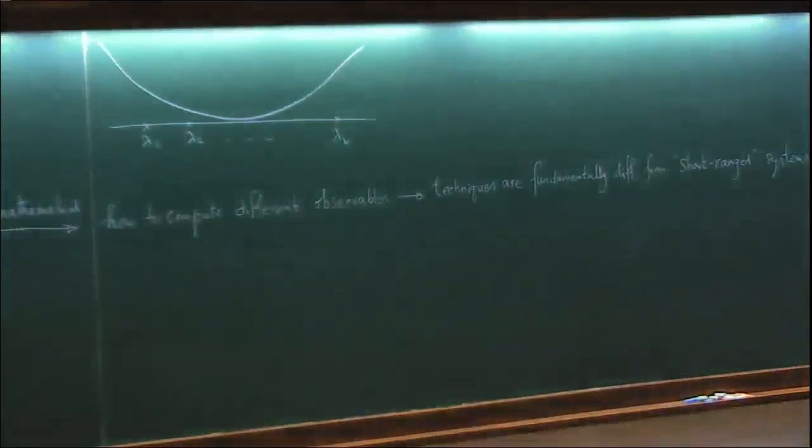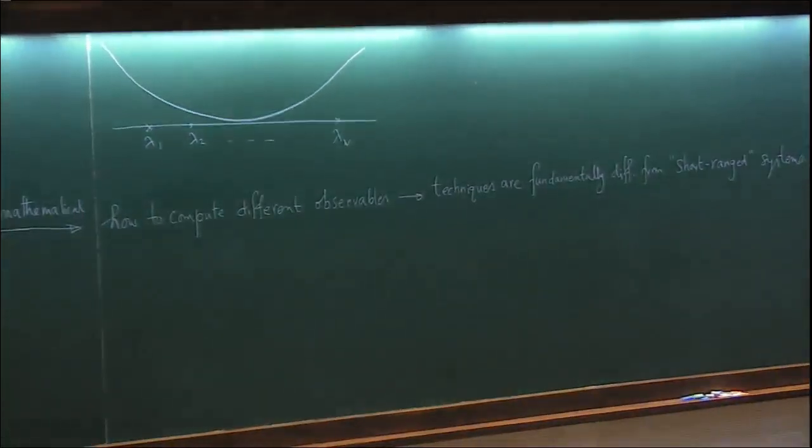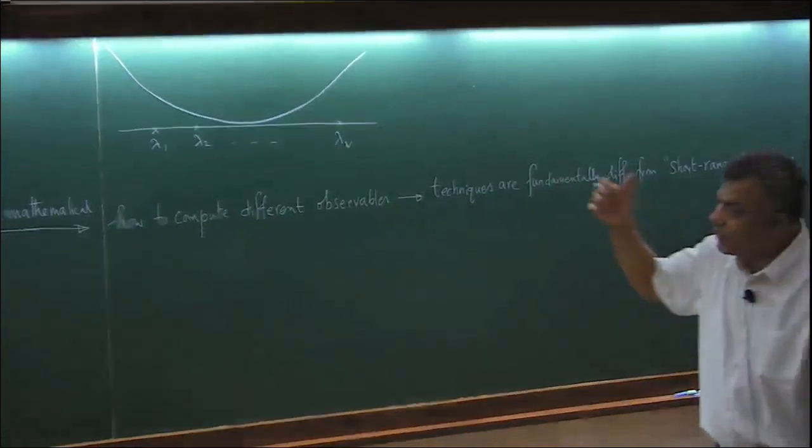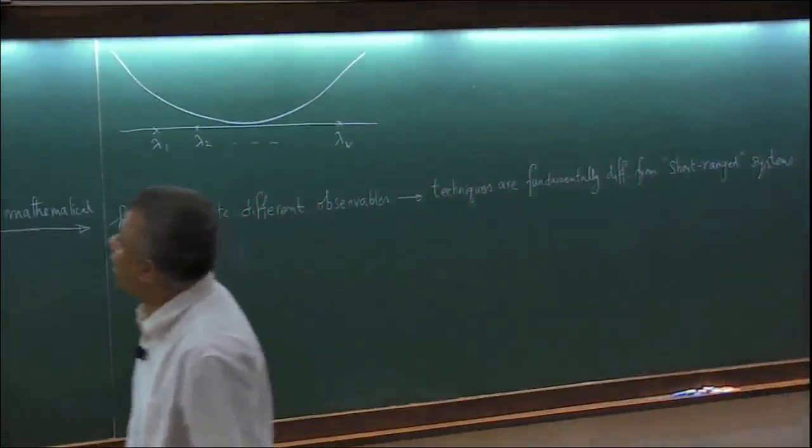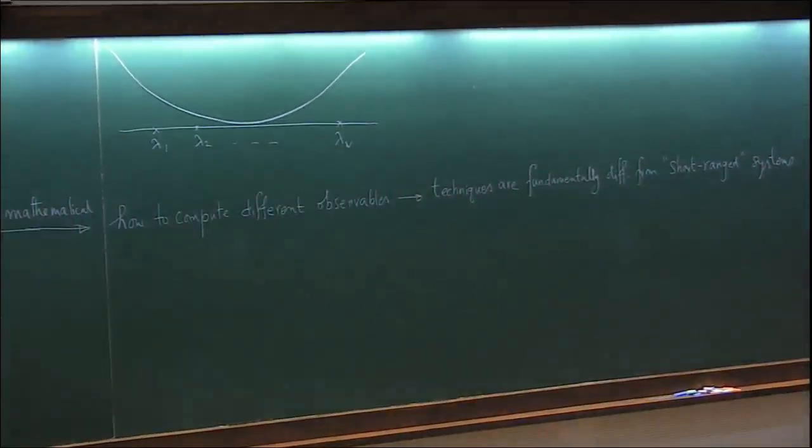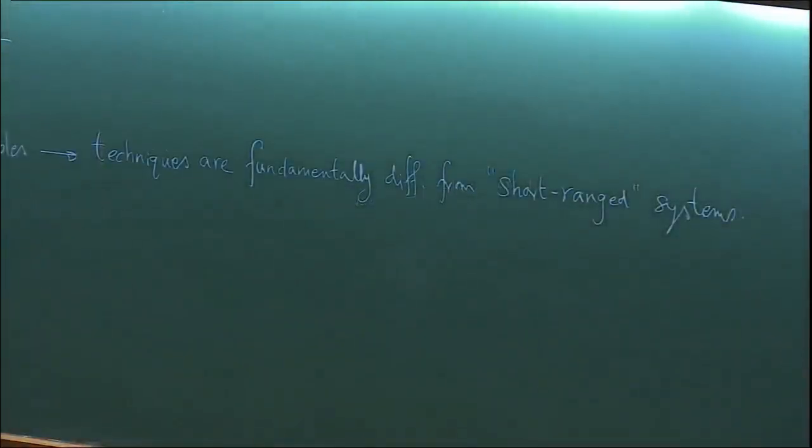Okay, and not just techniques, but even the physics is quite different because, if you, for example, compute for the Ising model the free energy, which is just a log of the partition function, how does it behave for large n? If you have a big system size, free energy is proportional to what?